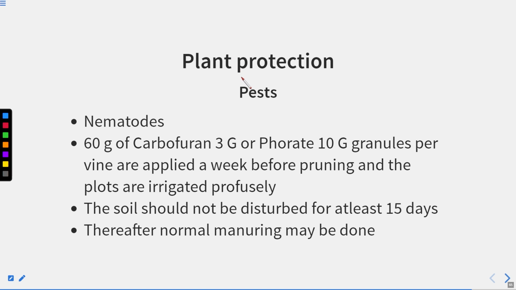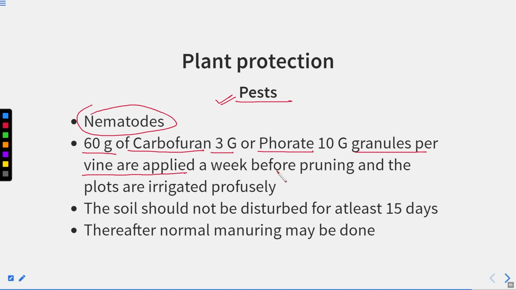Now, these plants have many diseases, many pests are there, right? If we talk about the pests, then the first one is the nematodes. 60 gram of carbofuran 3G or phorate 10G granules per vine are applied a week before the pruning and the plots are irrigated profusely.